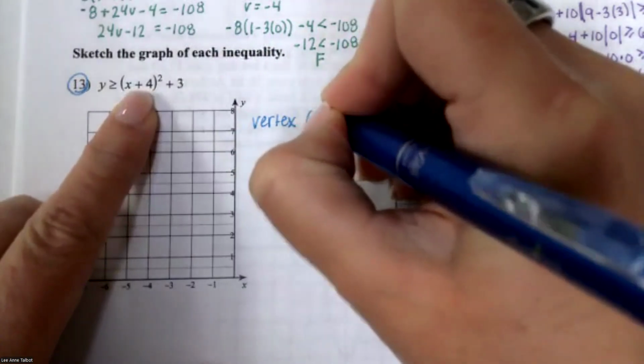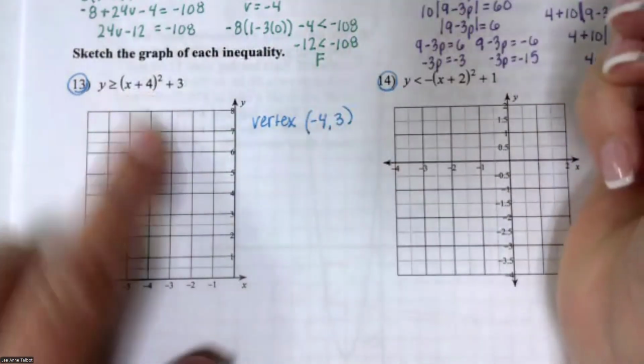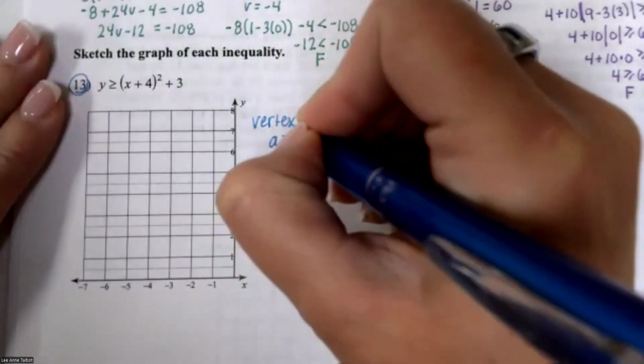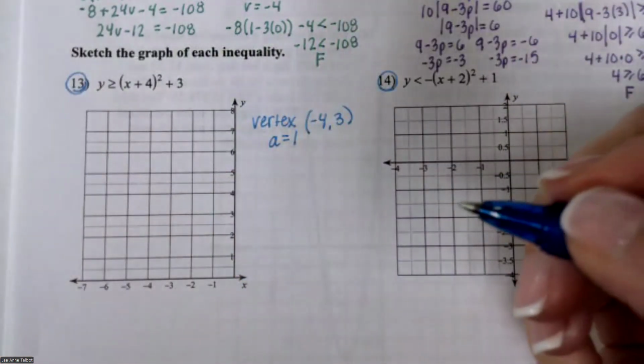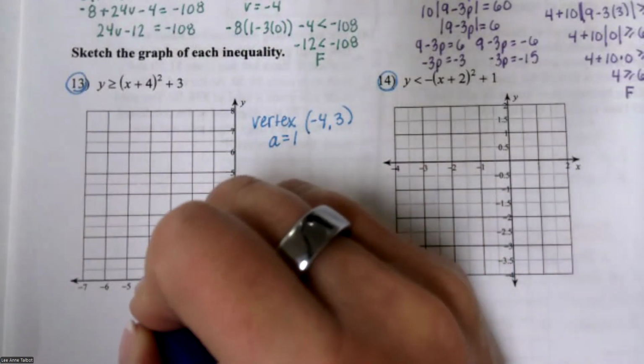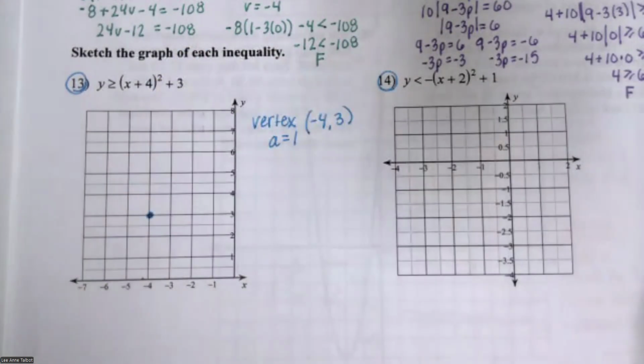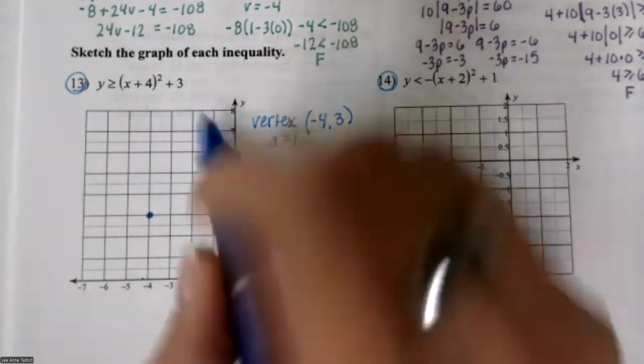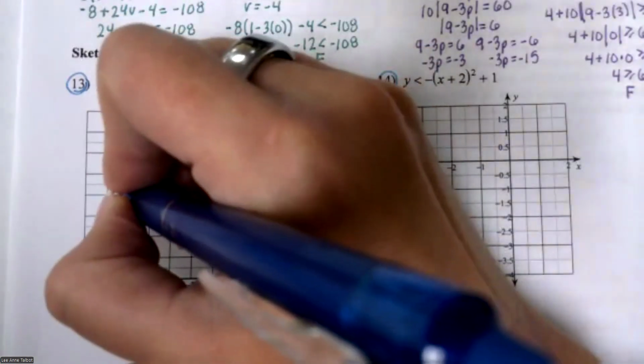is -4, 3. I got that from the equation here, and A equals 1, which means that we could sort of cheat with our graphing. -4, 3. Well, this is a weird kind of graph. It's fine. Okay, and A is 1, so we're going to go over 1, up 1, over 2, up 4.